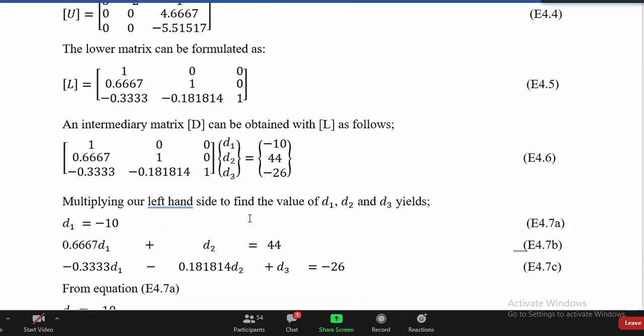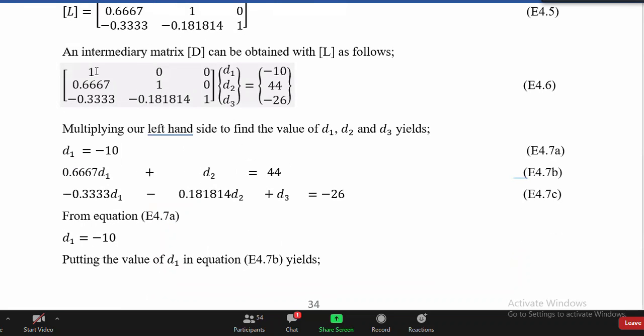So now we can write the first equation. 1 times D1 plus 0 times D2 plus 0 times D3 equals 10. And so on. 6 times D1, 1 times D2, 0 times D3, minus 1, minus 3, 0.33 times D1, minus 1.81 times D2, and 1 times D3.